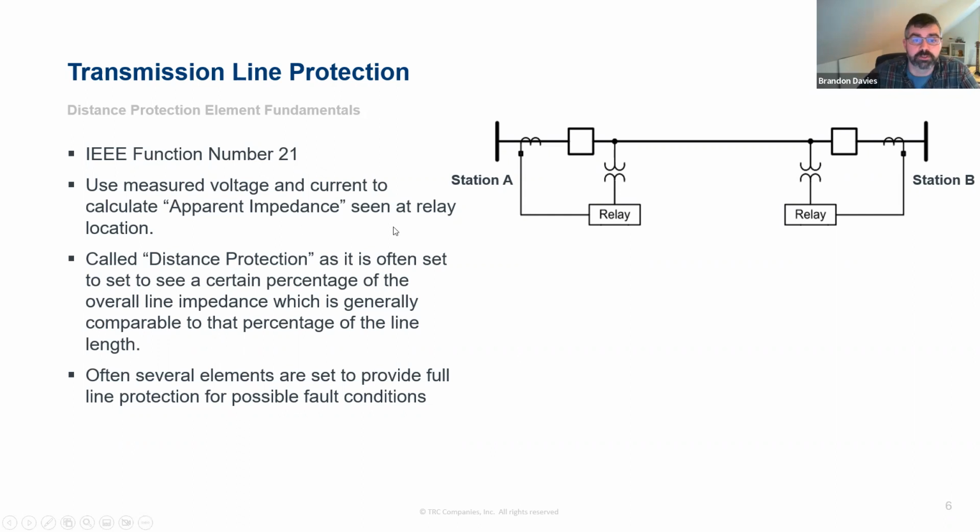Distance protection isn't a standalone, you go set one element, you're done thing. You're applying several elements to provide full protection of the line, both underreaching and overreaching elements, phase and ground elements. In some cases, you're providing forward and reverse looking elements to provide the protection scheme.